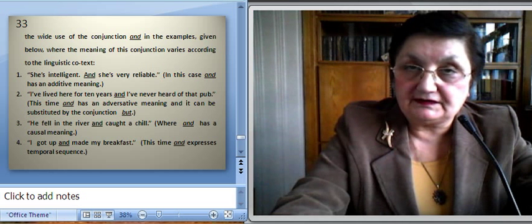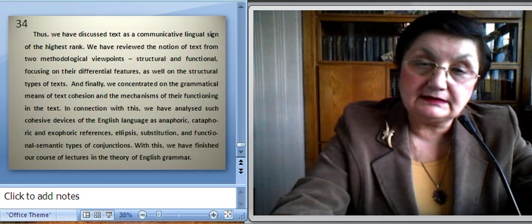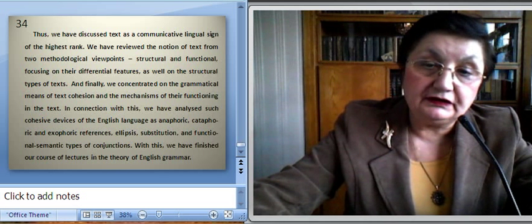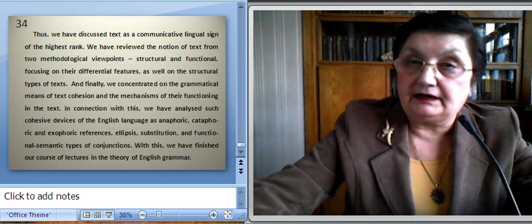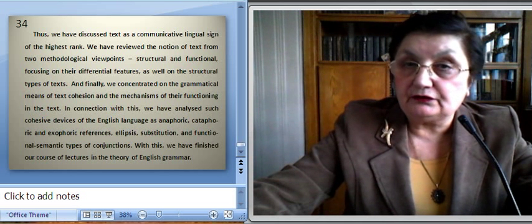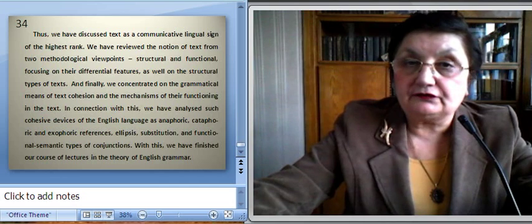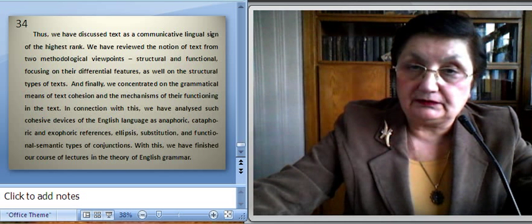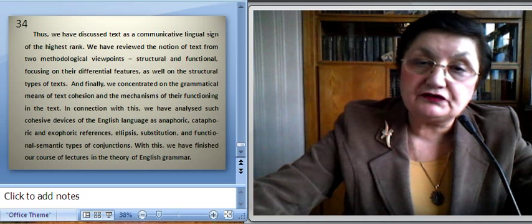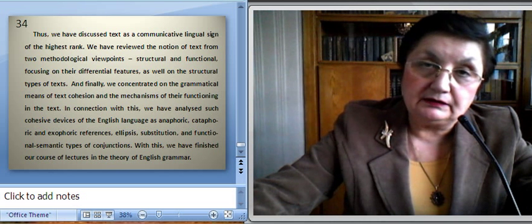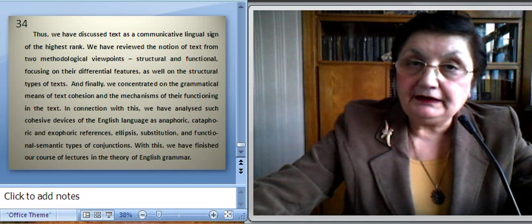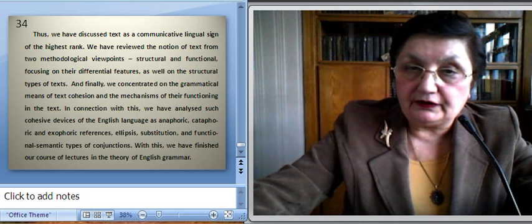And finally, we concentrated on the grammatical means of text cohesion and the mechanisms of their functioning in the text. In connection with this, we have analyzed such cohesive devices of the English language as anaphoric, cataphoric, and exophoric references, ellipses, substitution, and functional semantic types of conjunctions.